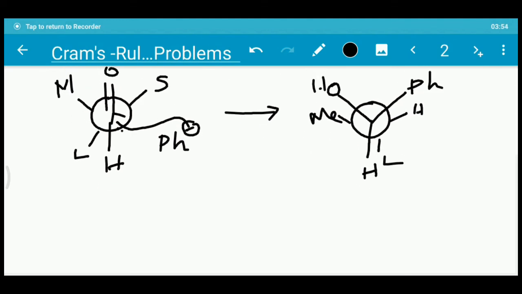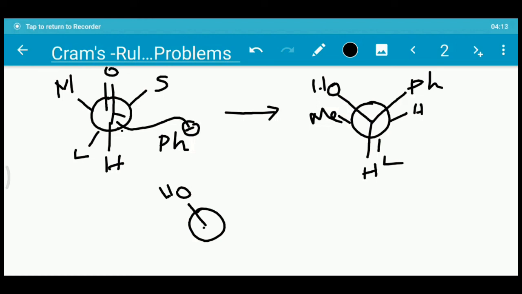Now this product is actually obtained because the attack takes place on the side of the smaller group as mentioned earlier.